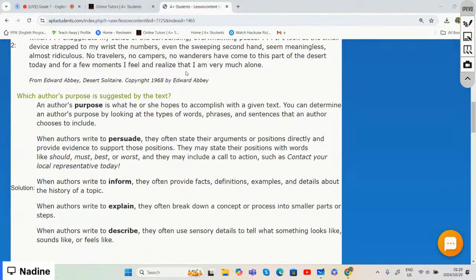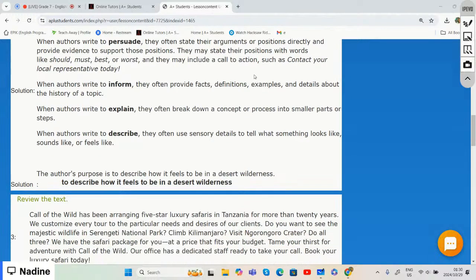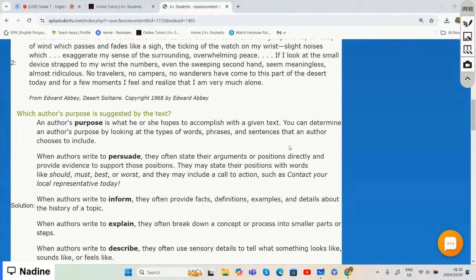So it's more being descriptive. All right, so we see that in that text, the author is being more descriptive, right? One more text, and then we're going to our text.